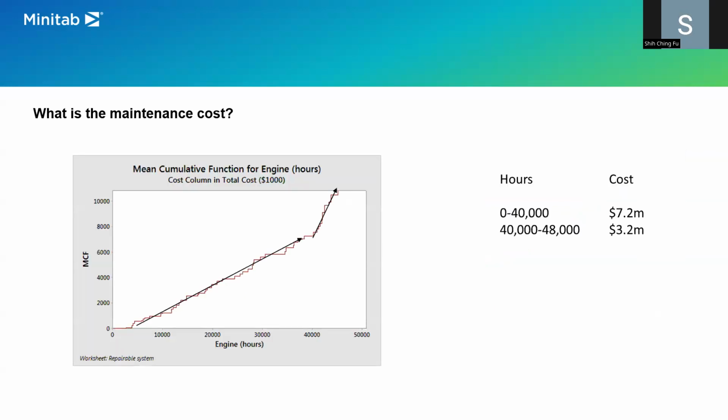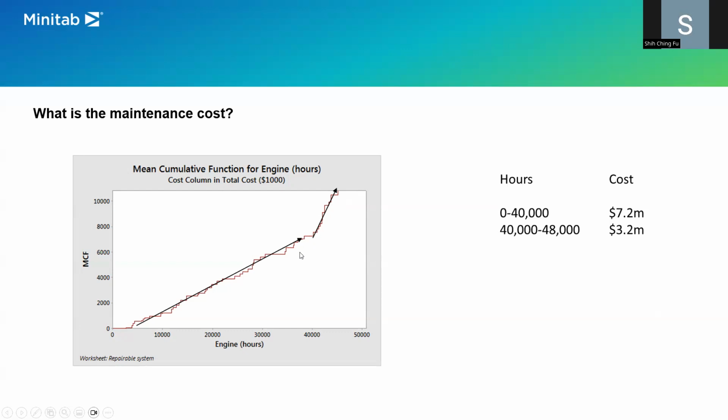And also let's talk about cost, right? Because we have the cost recorded as well. Again, the same thing at different engine times, we just put in the cost for each failure. Look at the curve, something like this. You can probably identify that from 0 hours to 40,000 hours, it follows a steady slope. But over 40,000 hours, it follows a different slope, which is getting bigger or steeper.